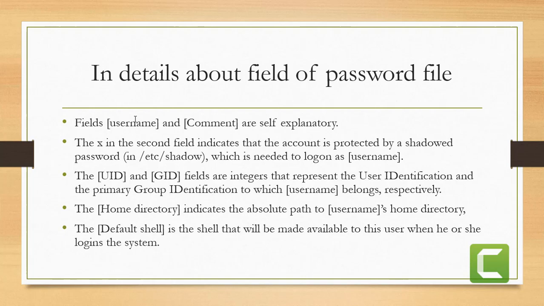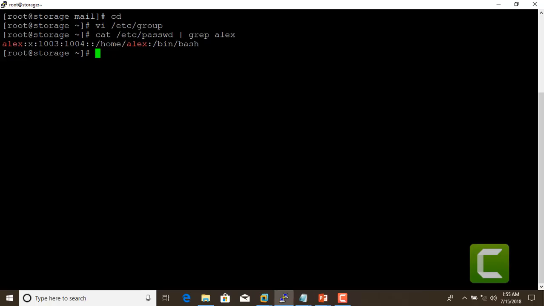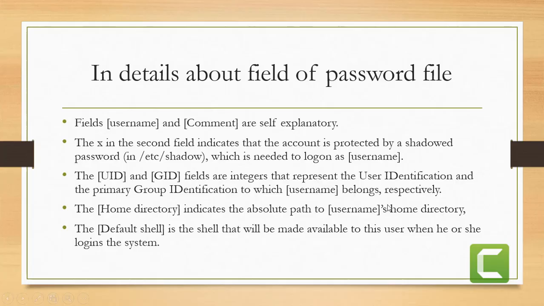And what about the next ones: this is the UID and this is the GID. The UID and GID fields represent the user identification and the primary group identification to which the username belongs, respectively.